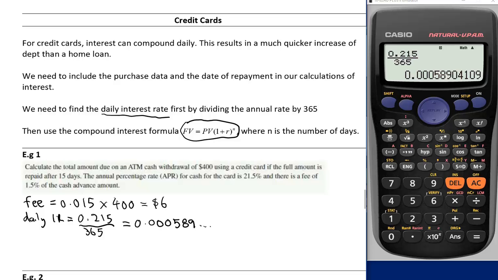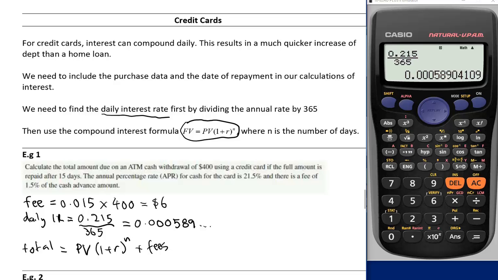Okay, so to find the total amount due, we're going to use our compound interest formula, and we're going to add on any additional fees that we have calculated. So with the compound interest formula, we're just going to use the present value times 1 plus r to the power of n, plus our fees.